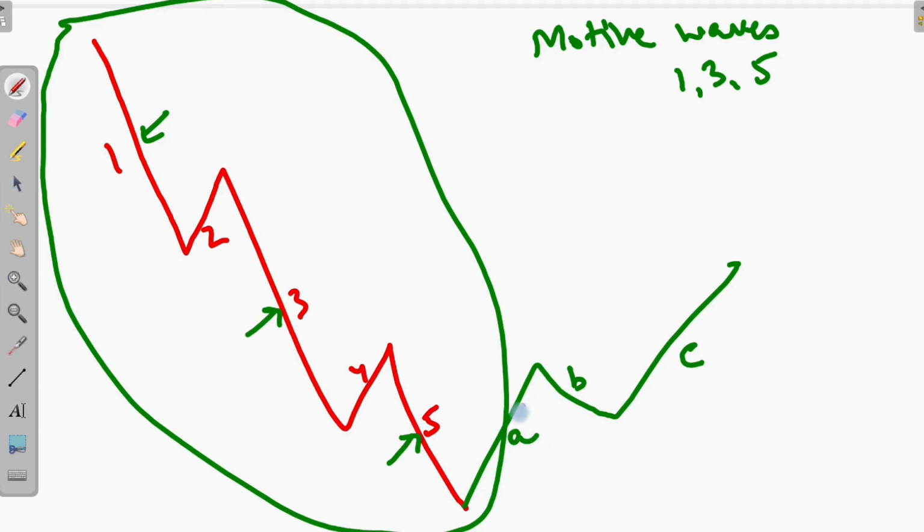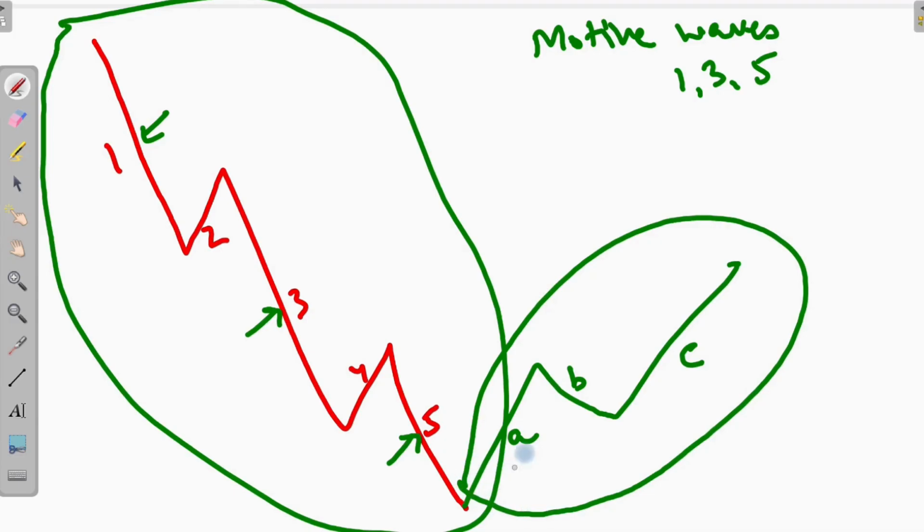Similarly, when this ABC correction is happening, now the trend has changed to upside from downside, and A and C are in the primary trend direction, which is the upside. So A and C are always motive waves.